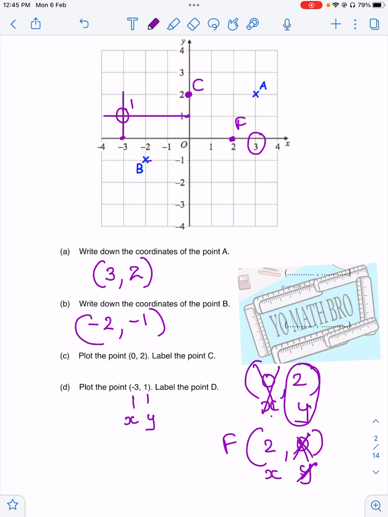If you are still not comfortable, you can always draw the line and check, my dear students. Mathematics is all about proving and writing the answer with proof. You can easily draw the line and get the answer.